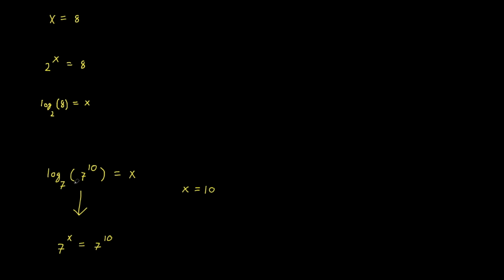So the one fundamental property of logarithms that you need to keep in mind as we go through this process is that you have a log base 7 and inside of that an exponent with a base that's equal to the base of the logarithm. Those things cancel out, and the 10 is just going to come down.